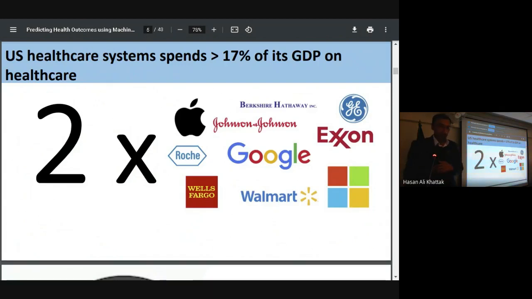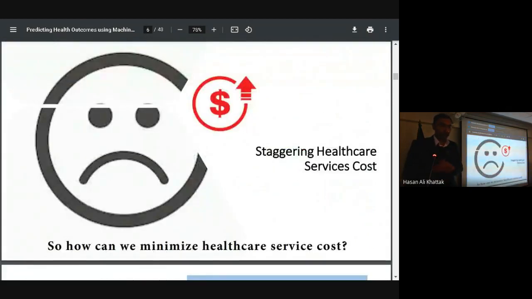Now, the question is, with this staggering healthcare cost, with its staggering healthcare services, by the way, everyone in the US healthcare system is totally private. Everyone is spending $200 to $1,000 every month paying for healthcare.